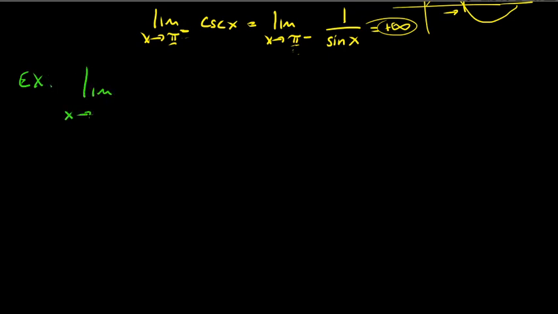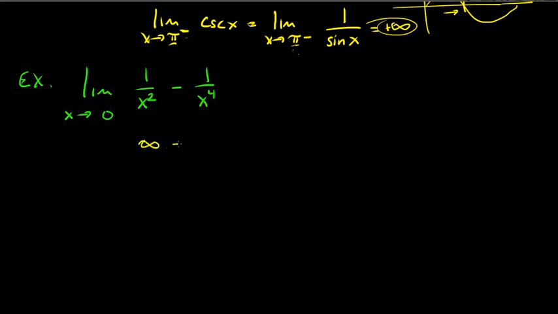So for example, what's the limit as x approaches 0 of 1 over x squared minus 1 over x to the 4th? On the one hand, you might think 1 over x squared, if the denominator gets smaller, this blows up. This goes to infinity.